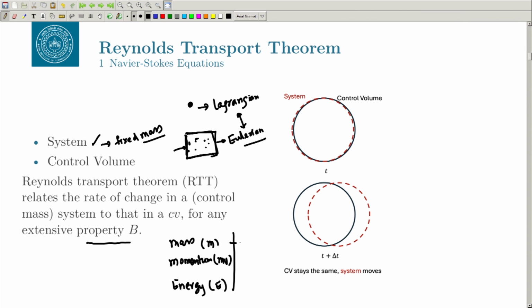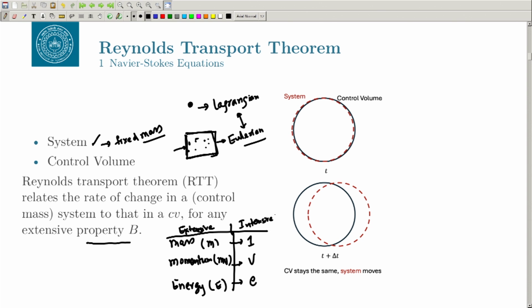So, for this it will be 1, for this it will be velocity, for this it will be energy per unit mass. So, these are the extensive properties, and these are the intensive properties.